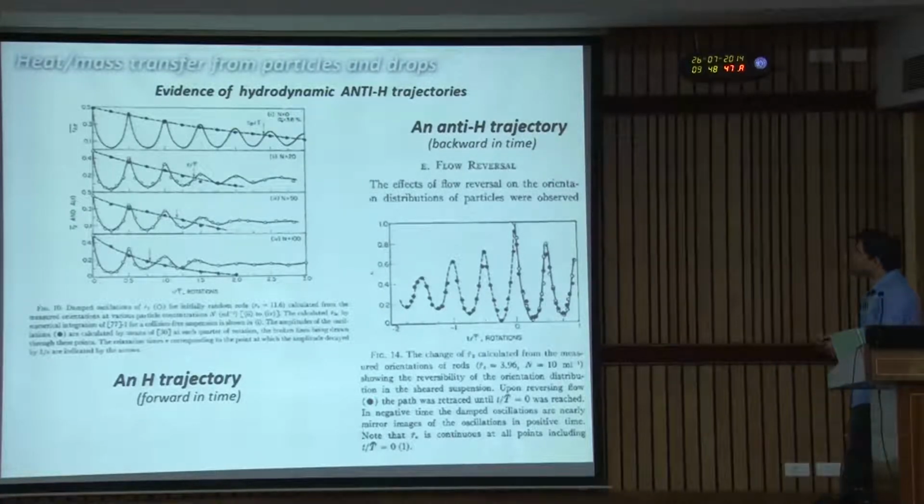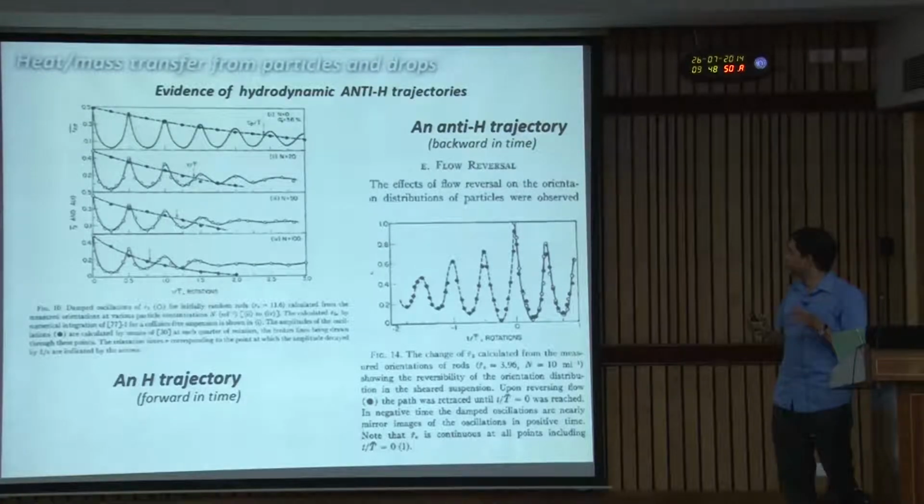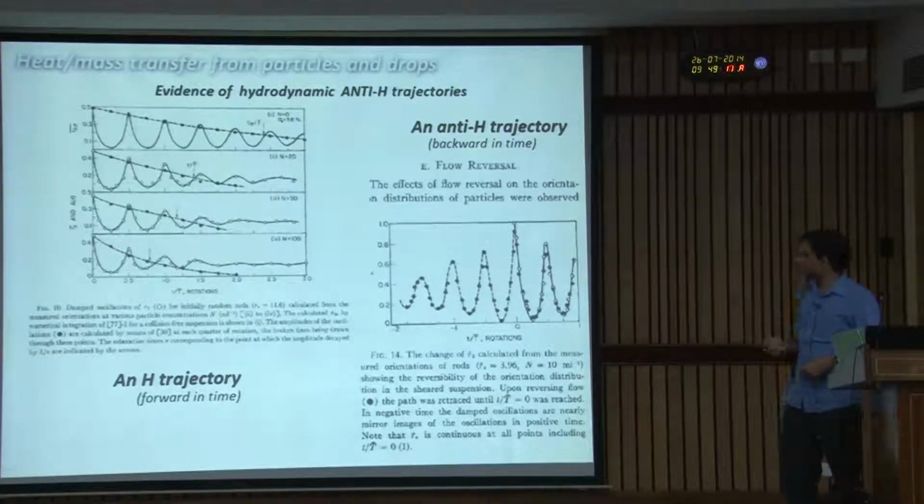And this is the case where he's dealing with a suspension of rods, non-isotropic particles, and he shears that suspension. So each of the particles rotates, and then he looks at how the orientation distribution of those rods evolves with time. Now because the rods rotate, there is a periodicity in it, and so the orientation distribution actually has a periodic component.